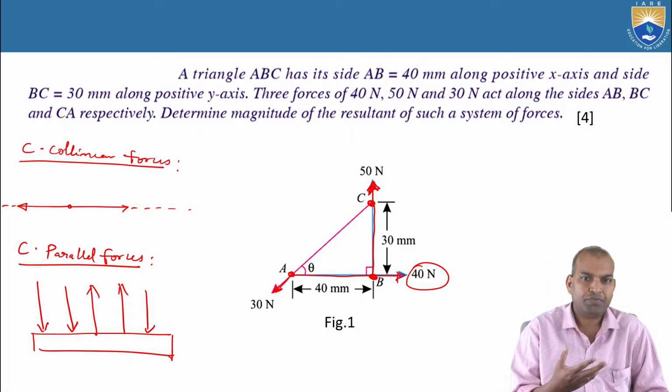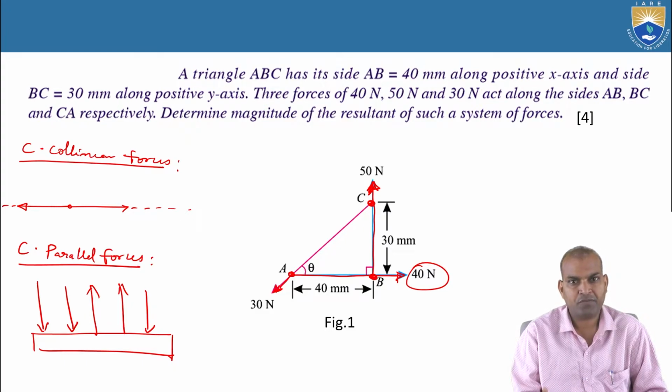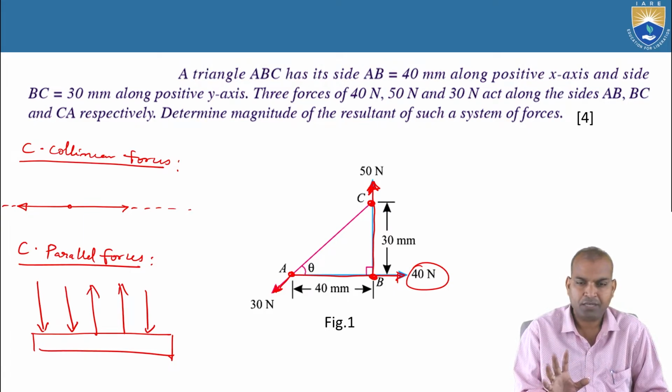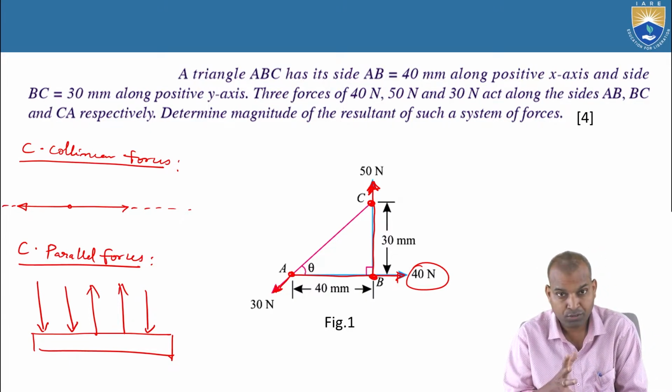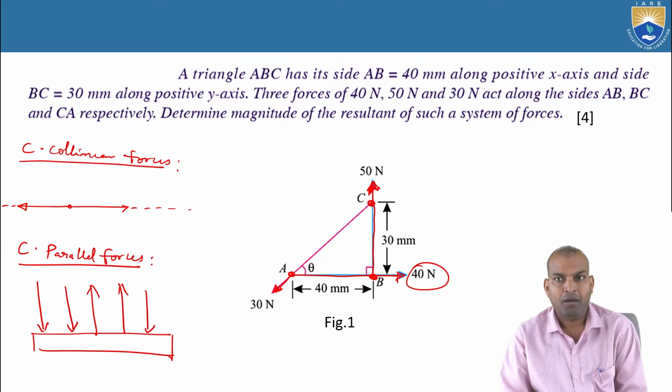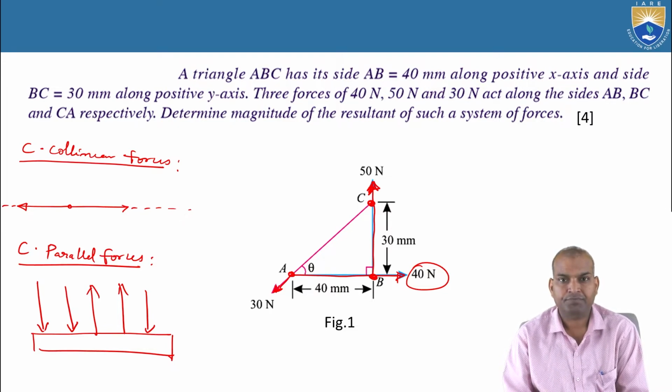Based on the concepts we discussed, what type of force system does figure 1 come under? First of all, it comes under the category of coplanar force system. It's not non-coplanar, but it's in the same plane.